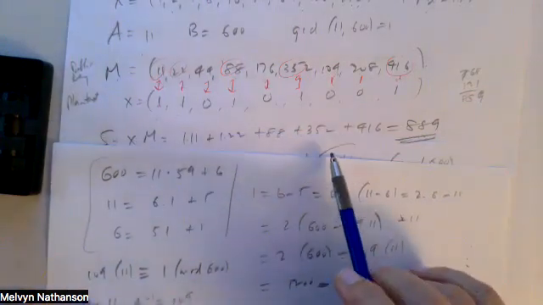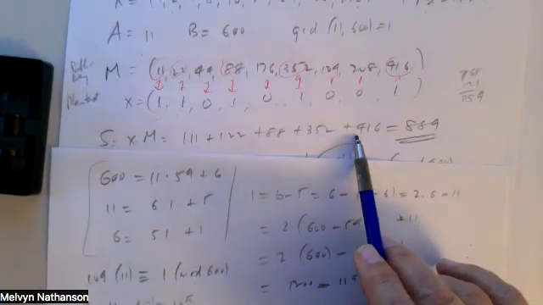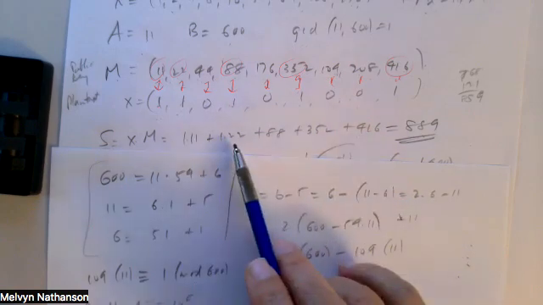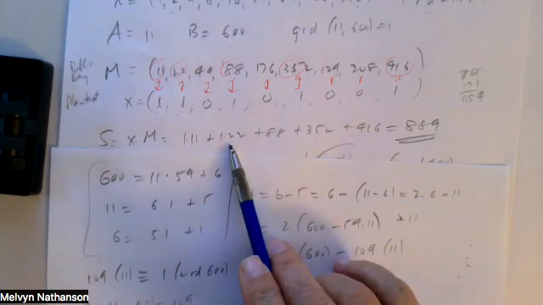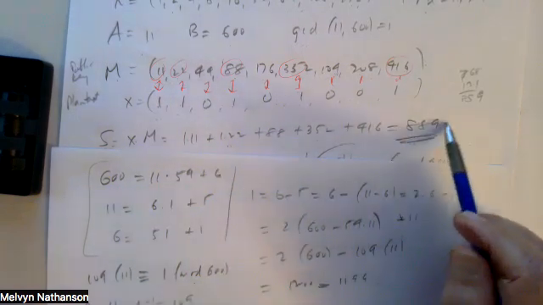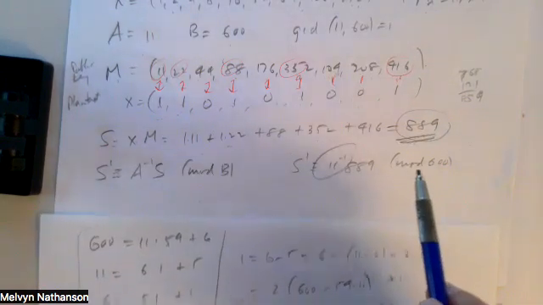Okay. So let me see again if I can add correctly. This is 768, 790, 801, 889. So the number that I am encrypting and sending is 889.